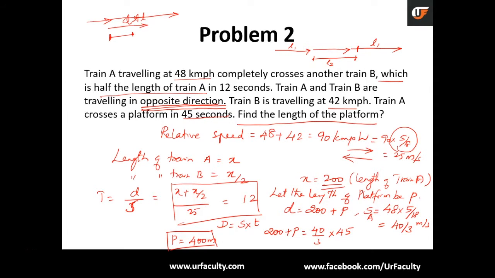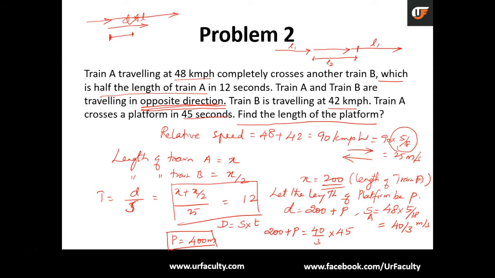Now, we assume that the length of train A is x and the length of train B is x by 2, because train B is half the length of A. In this process, we are trying to arrive at the length of the train. We know that the time taken by both the trains is the same, 12 seconds.